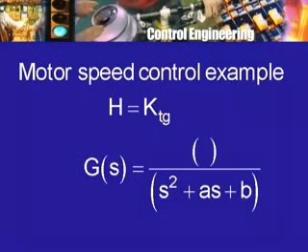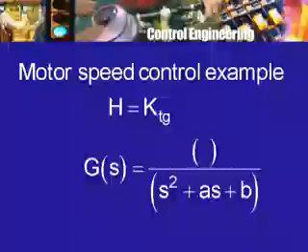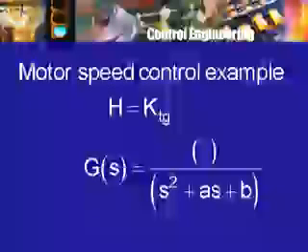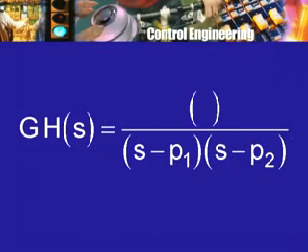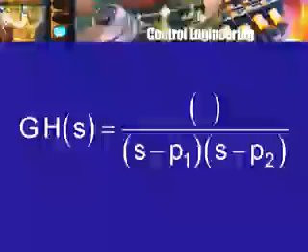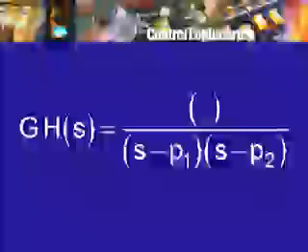Now, because of this, what is the polar plot going to look like? Let us factorize this S squared plus AS plus B into the two poles. Therefore, GH of S is going to be essentially some constant number in the numerator divided by S minus P1 into S minus P2, where P1 and P2 are the two poles.